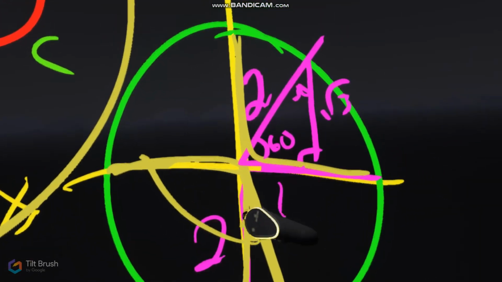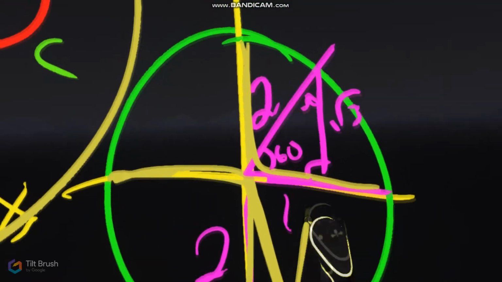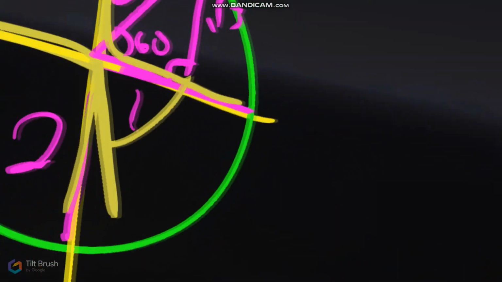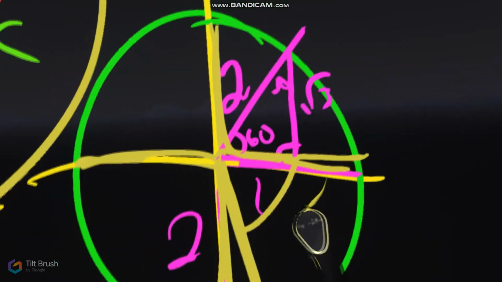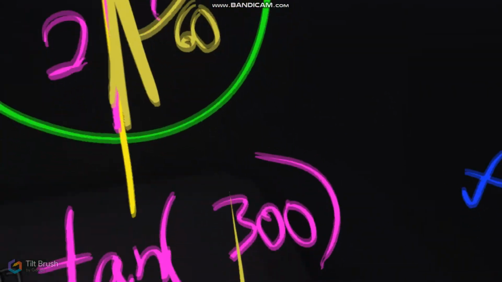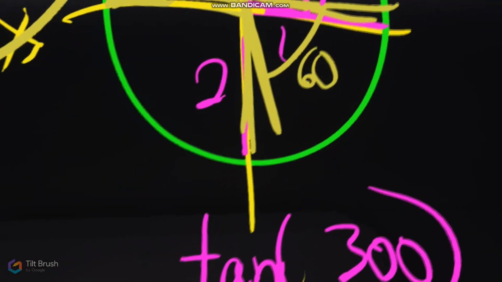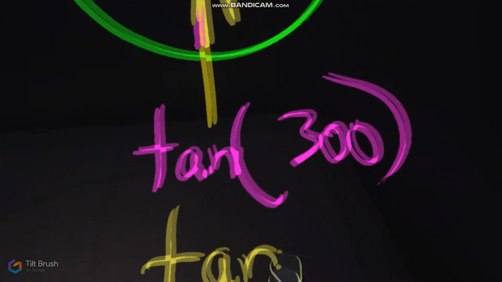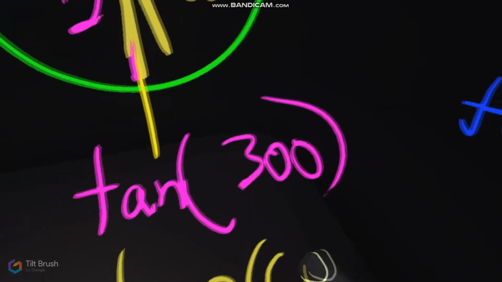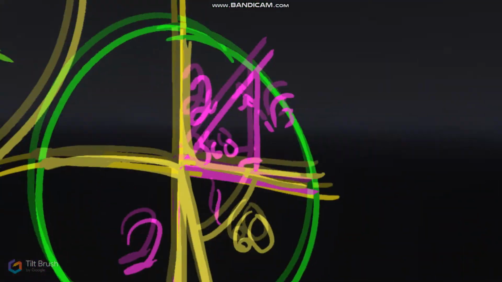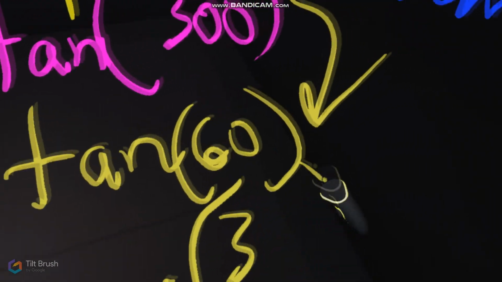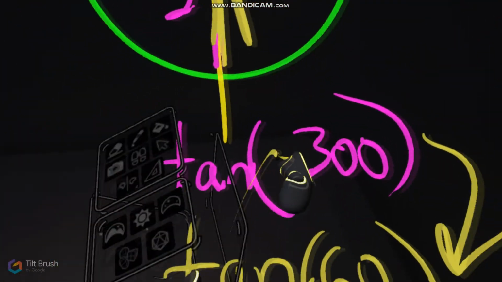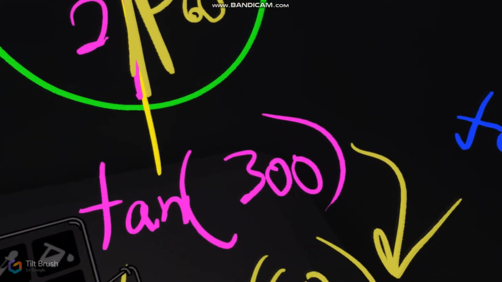We're going to the x-axis and the closest possible way to it. Since this is a 30-degree angle, and a whole quadrant is 90, we know that this is 60. So tangent of 300 equals the tangent of 60, which is convenient because we just did that. It turns out to be rad 3.